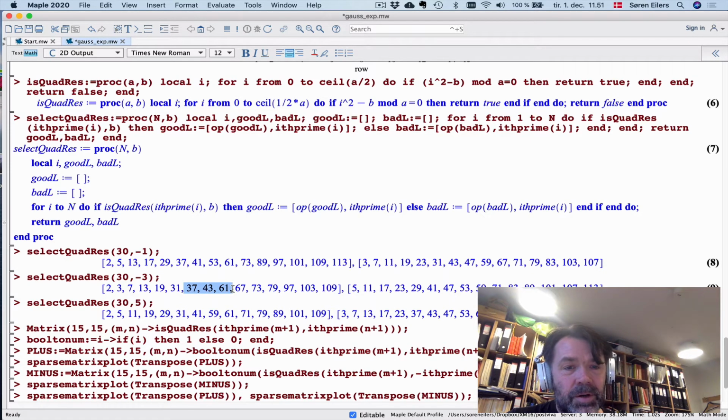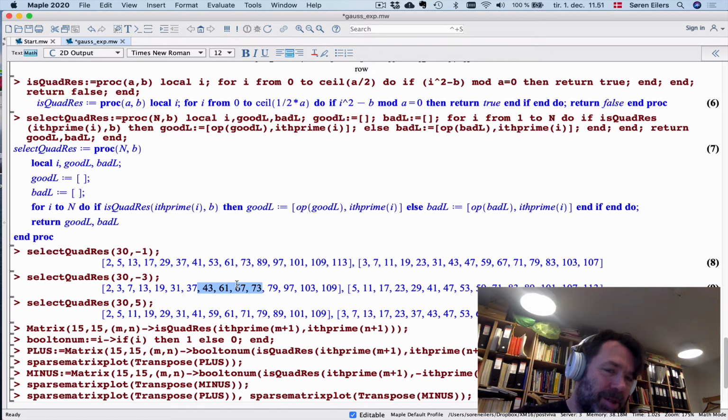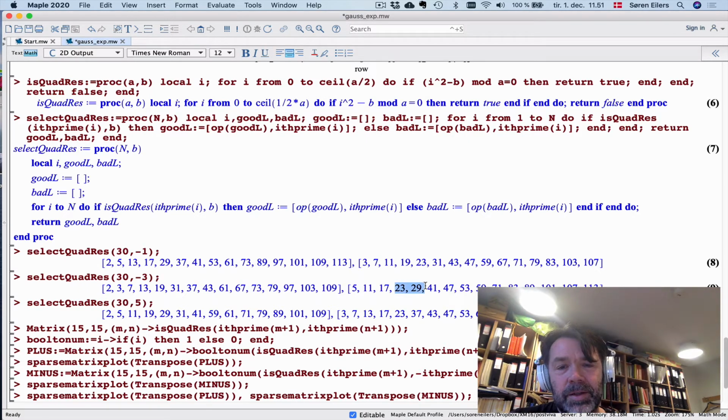Because what we saw was, when is something a quadratic residue mod 3? We went through those cases. That's when it's 1 or 0 modulo 3. Right? And those are exactly these numbers here. We should deal with 2 as a special case because it doesn't fit the pattern in general. And these are the ones that are 2 modulo 3.